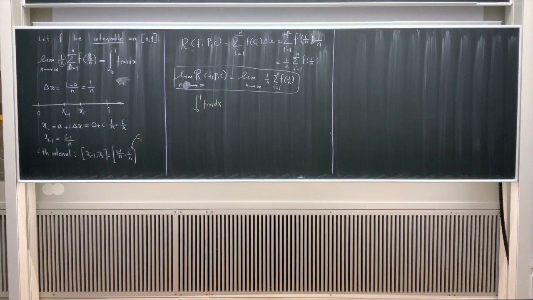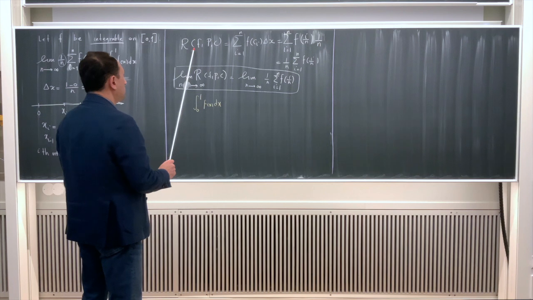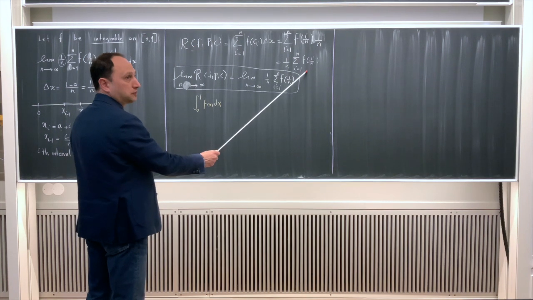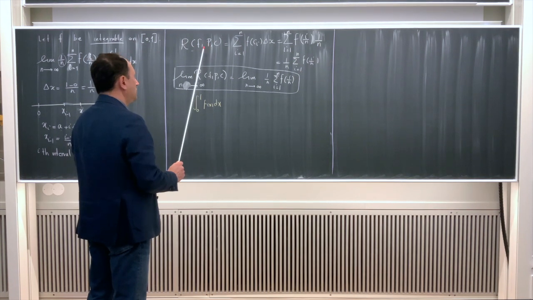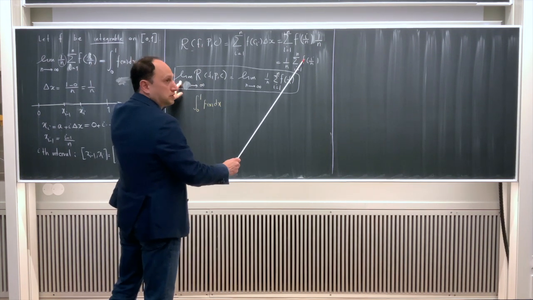I think I didn't get to hear the last part about explaining why it's actually equal to the integral between 0 and 1 of the original function. No, I proved this for you, that this sum is equal to that one. So this means that when I take the limit of this, which becomes this, it is equal to the limit of this.